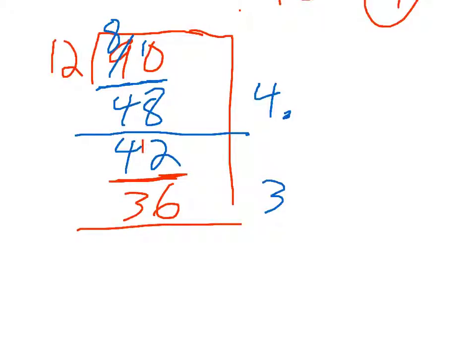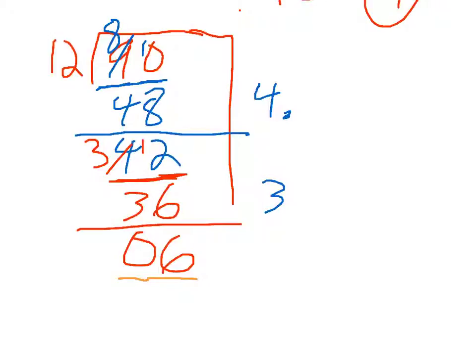Do the subtraction, do the borrowing. 12 minus 6 is 6. 3 minus 3 is 0. Now how many times does 12 go into 0? Can't do it. How about go into 6? Can't do that either. We don't want to deal with remainders anymore. We want to write it as a decimal.